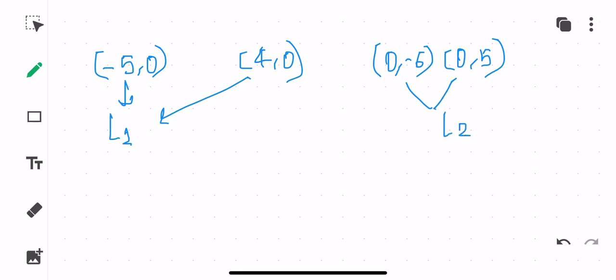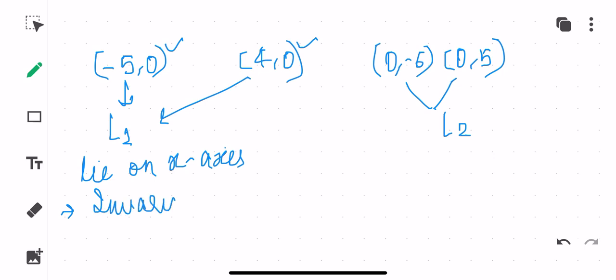So what you can see here, children, is that the y coordinate is remaining the same. So it is understood that if the y coordinate is remaining the same, then first of all, these points lie on the x-axis. Just look into this carefully. They are invariant under reflection in the x-axis.